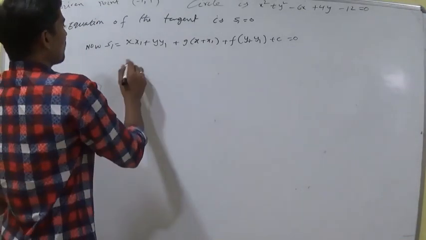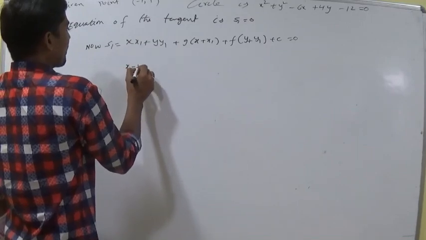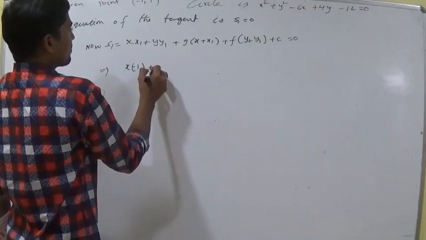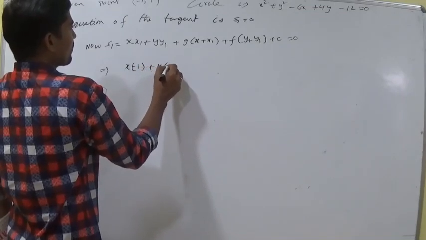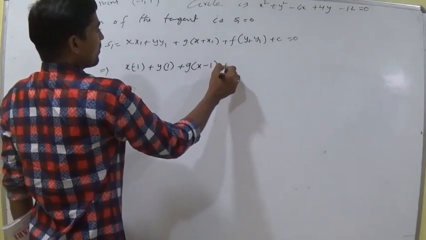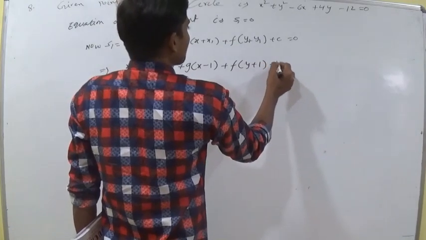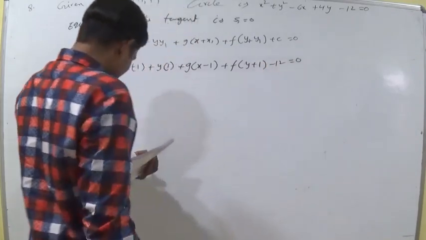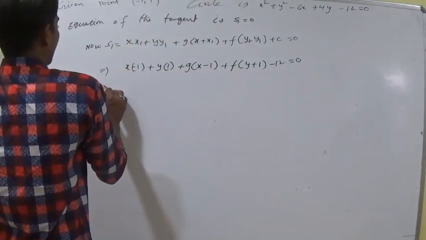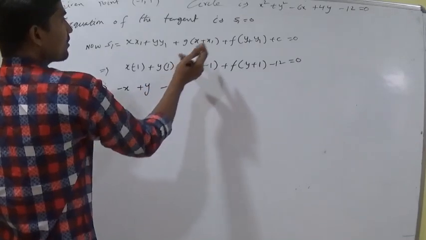So x into -1 plus y into 1, plus g into (x - 1), plus f into (y + 1), and then c is -12 here, right? C is -12. So -x + y and then g.